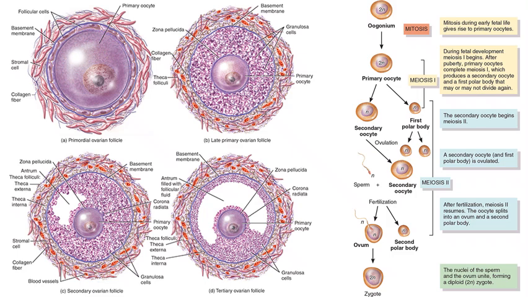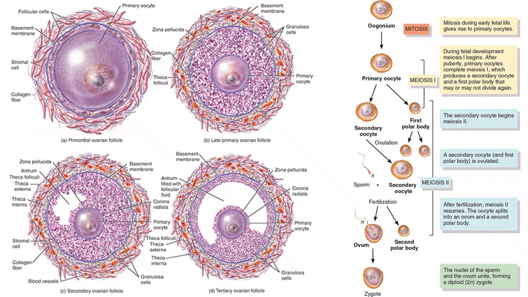Now, each month after puberty, all the way until menopause, gonadotropins secreted by the anterior pituitary stimulate the development of several primordial ovarian follicles, although only one will typically reach the maturity needed for ovulation. A few primordial ovarian follicles start to grow and develop into primary ovarian follicles.